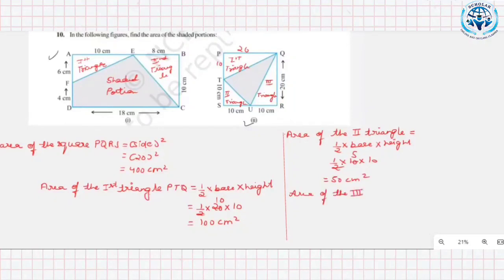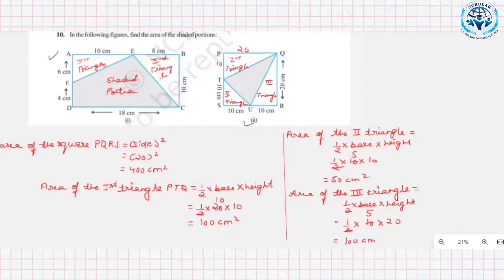Now area of the third triangle. 10 centimeter is the base and 20 centimeter is the height. Now the area of the third triangle is 100 centimeter square.